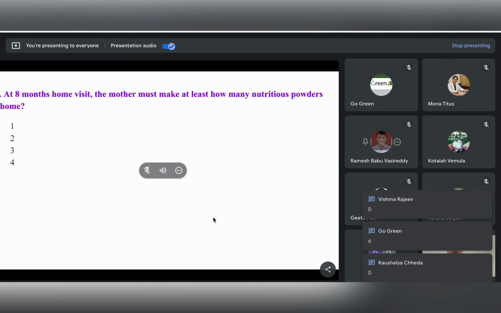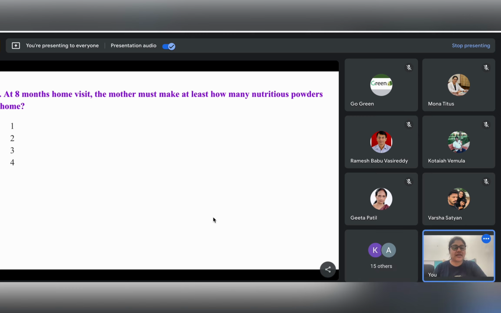So please, the reason for keeping these problems, they are very simple, as to please go through all the specific information that are there in the learning and action protocols. So for the examination point of view, you have to go through the minimum weight gain and also what is the nutritional requirement for the child, right?